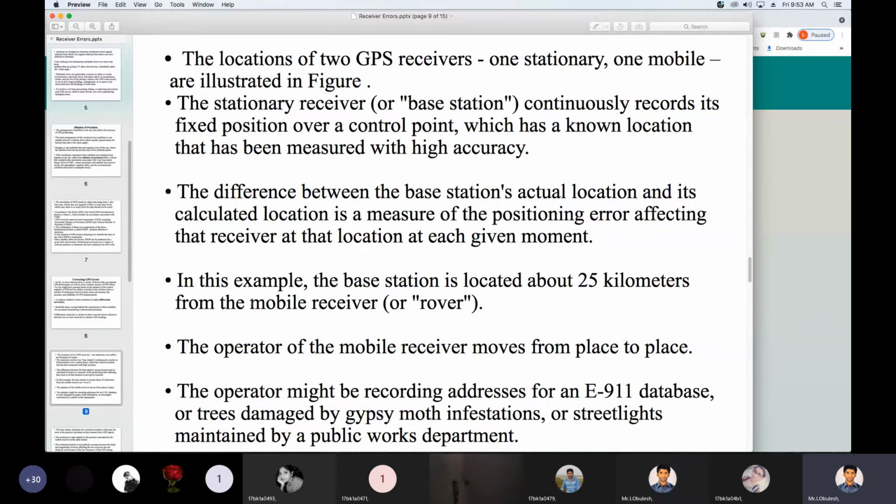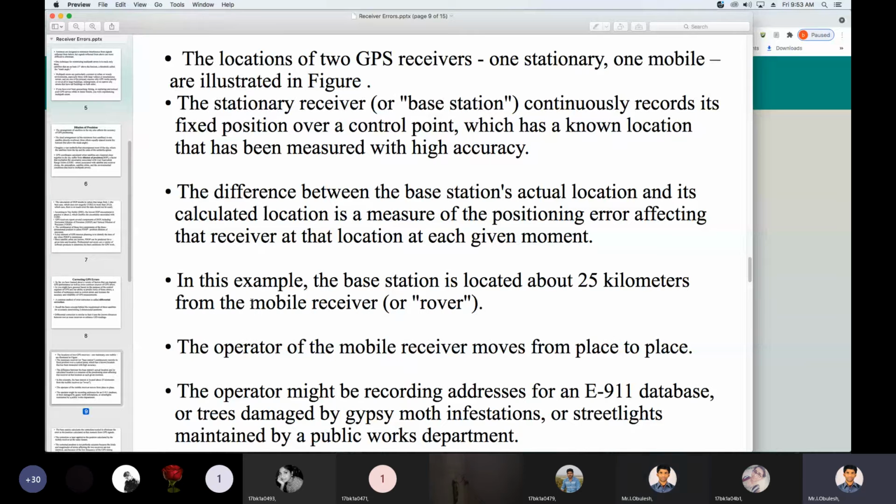The stationary receiver continuously records its fixed position over a control point which has a known location that has been measured with high accuracy.